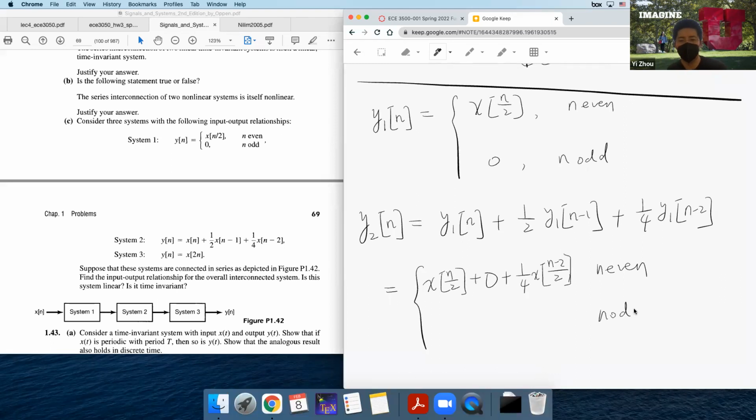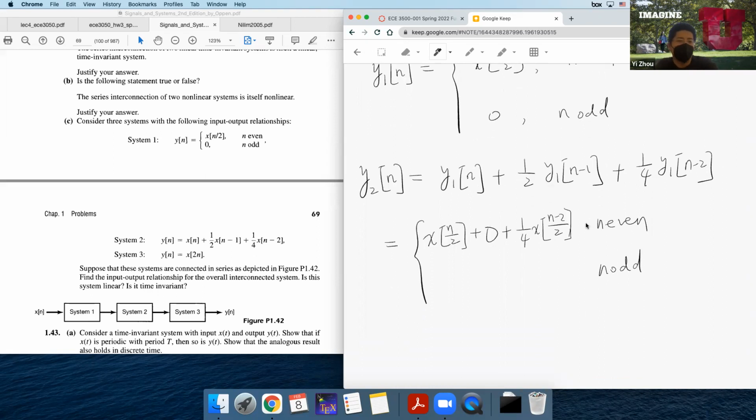For the odd part, you do the same thing; I will skip this one. If n is odd, for the first term you follow the second formula, for the second term the first one, and for the last one the second one. A little confusing, but this is only after the second system.